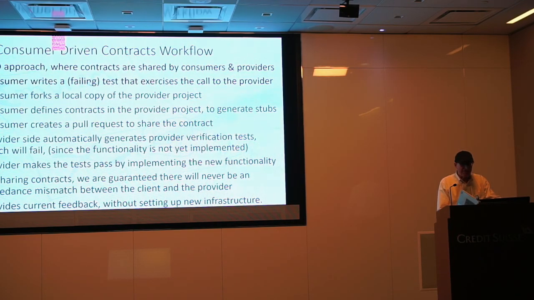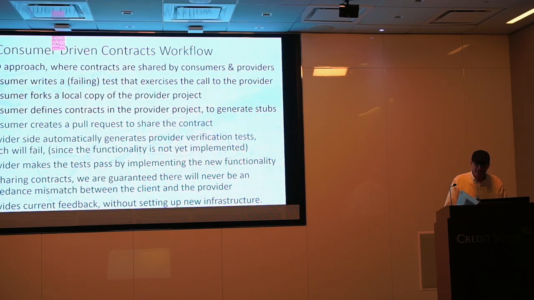So the contracts are shared by consumers and providers. The consumer writes a failing test that exercises the call to the provider. They make that test fail as we did. The consumer has to have a place to make the consumer changes. It's consumer-driven contracts. So the consumer makes a copy of the provider project, or wherever the contracts are, and makes the changes inside of the provider contract to conform to the changes that the consumer is trying to drive.